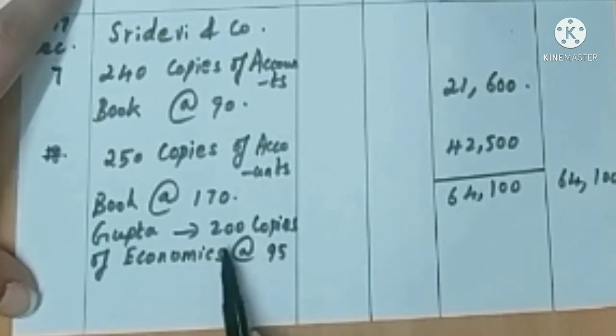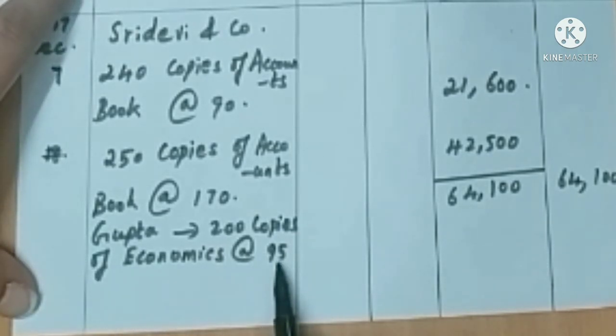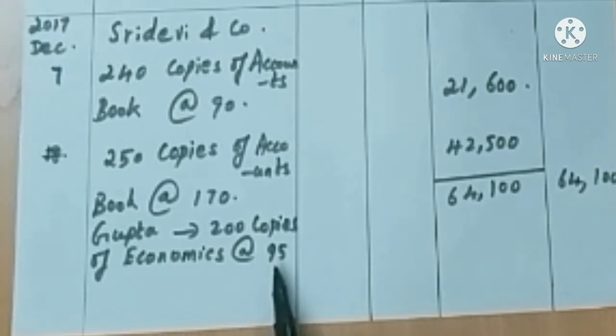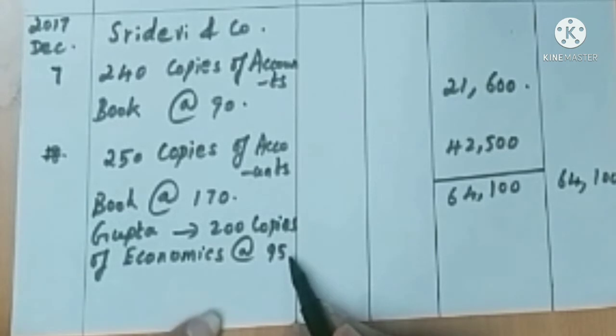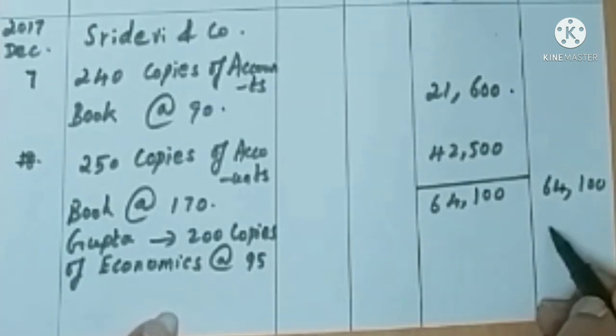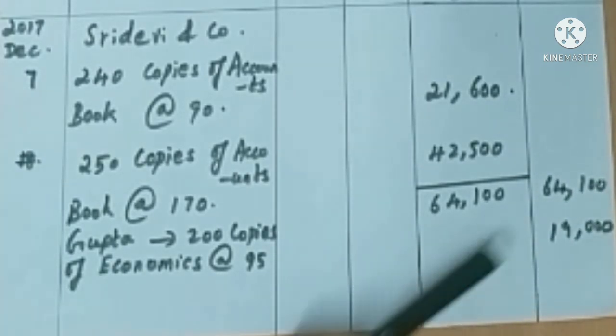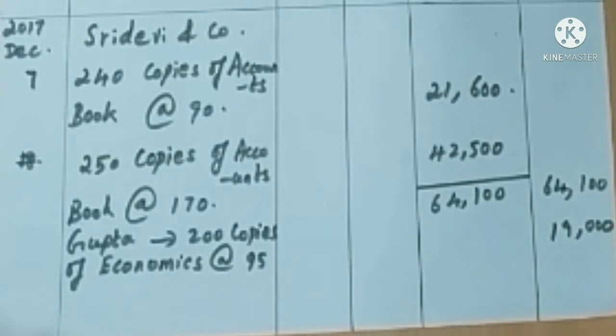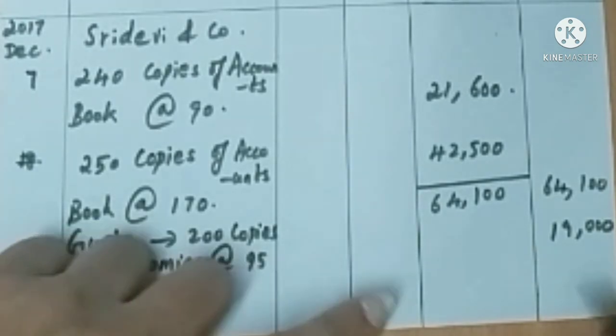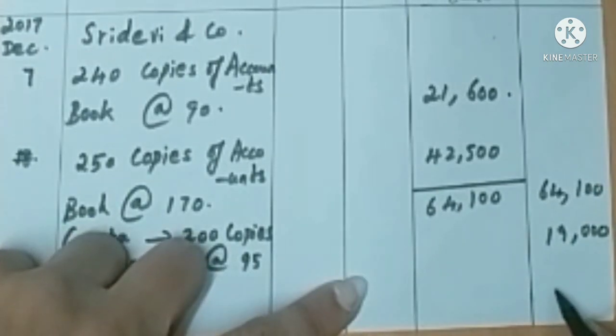So 200 into 95 is rupees 19,000. So I'm going to write 19,000 in the outer column. Okay, so what is the total sales now? 64,100 plus 19,000, we get 83,100.